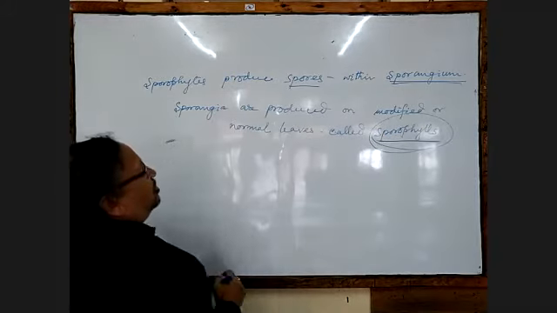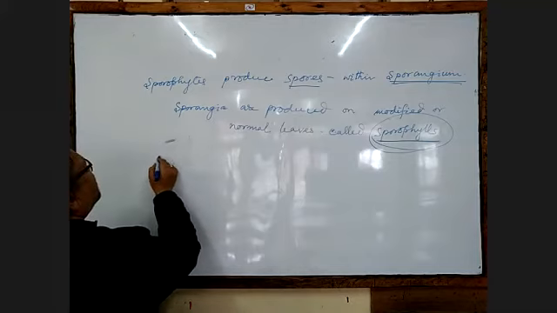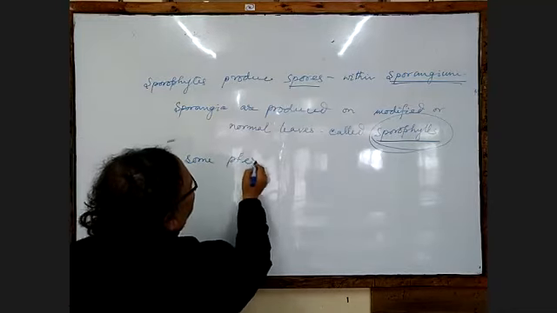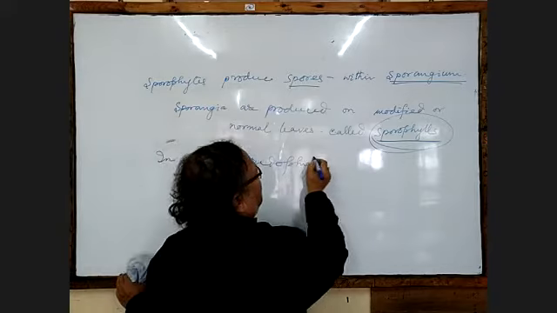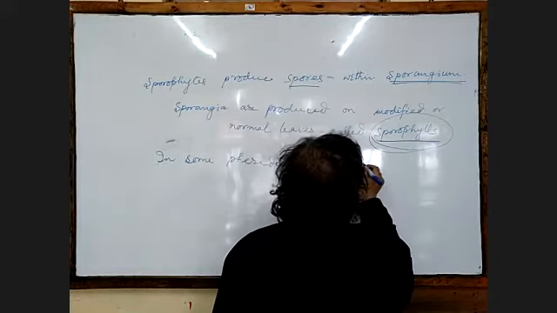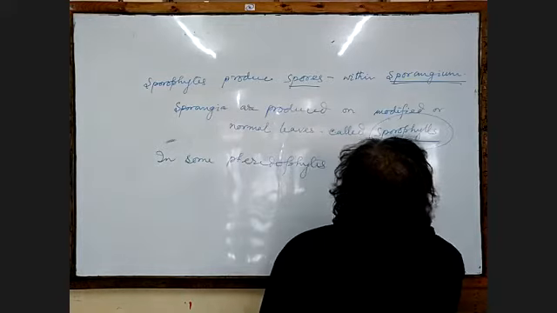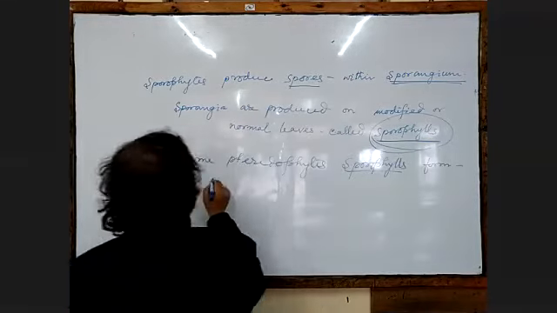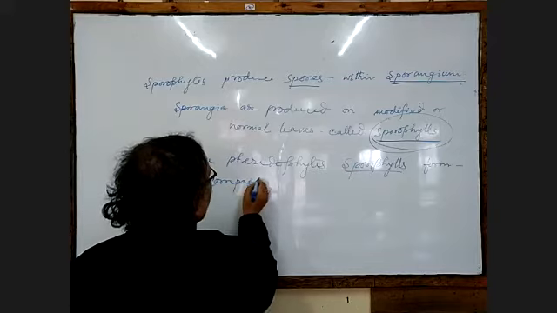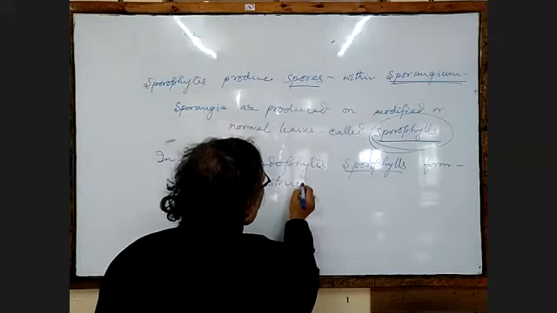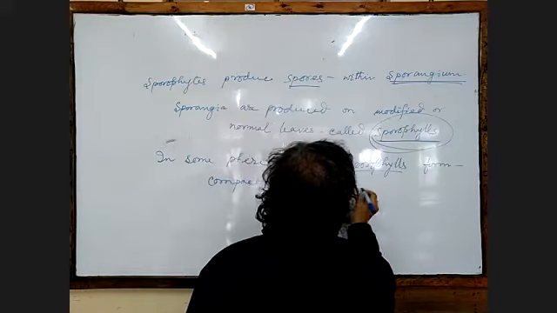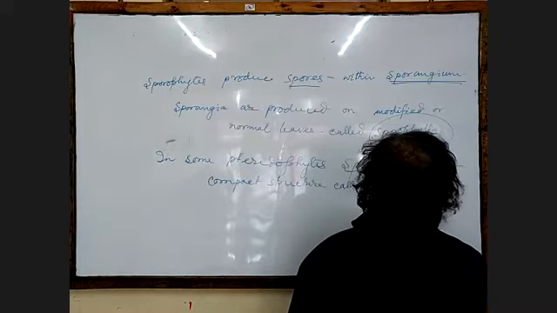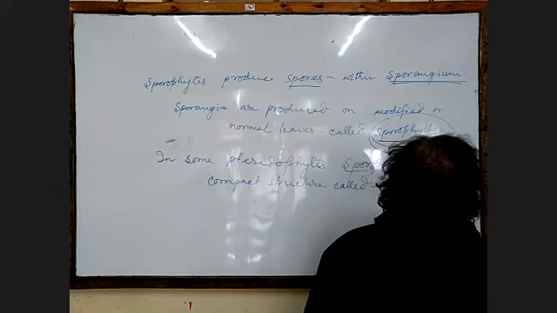In some pteridophytes, the sporophylls form a compact structure called strobilus or cone.